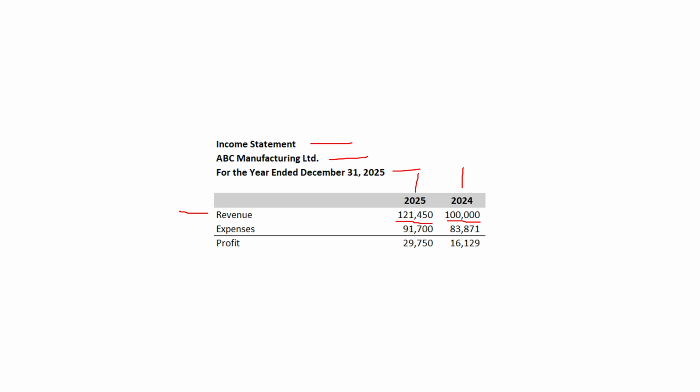And then in the middle, obviously the income statement is not going to look like this, but this is just to help you understand from a very high conceptual level how the income statement is laid out. In the middle is going to be expenses, okay? Right now, this is a very simplified version of an income statement, and it just has expenses in one line.